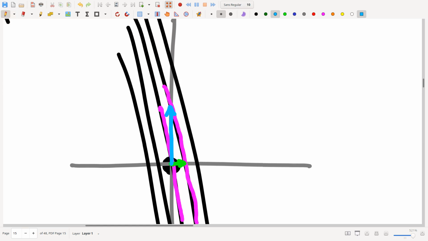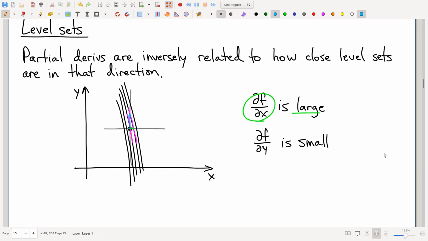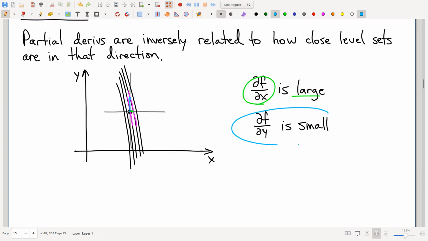That spreads out the altitude gain. That looks like a much gentler slope, nowhere near as steep. I'm thinking that partial derivative is probably a lot less. And as we might expect, the y partial is relatively small. Does that make sense?